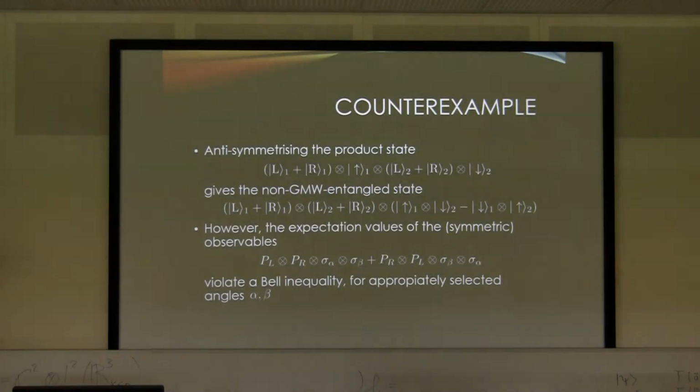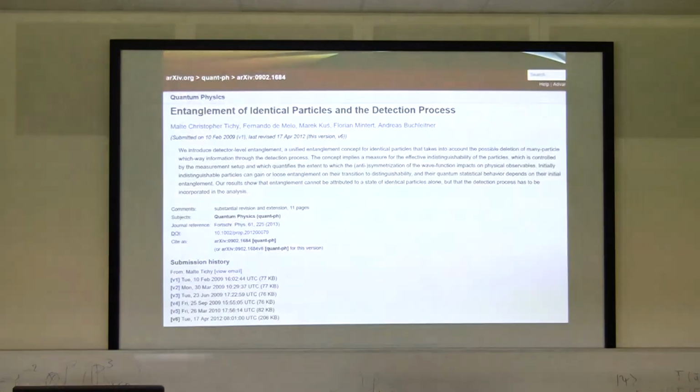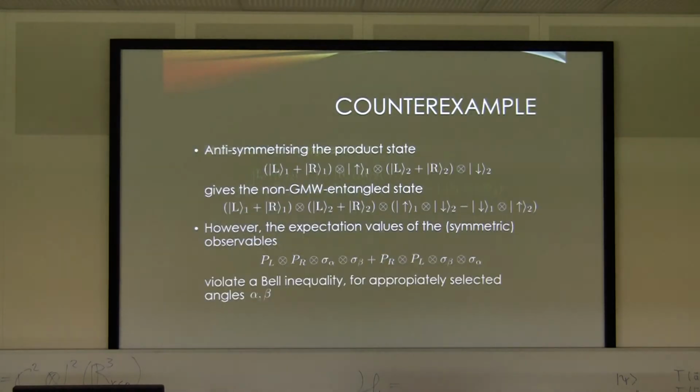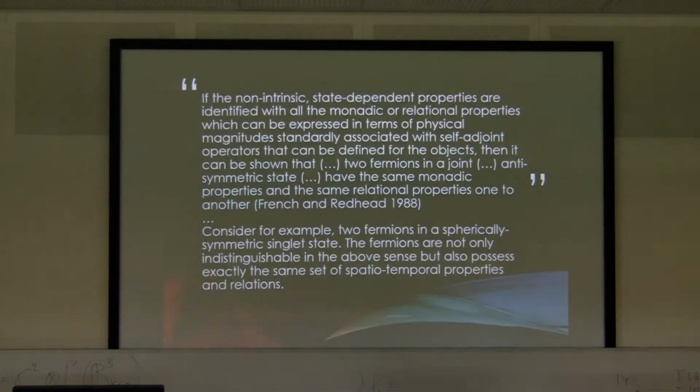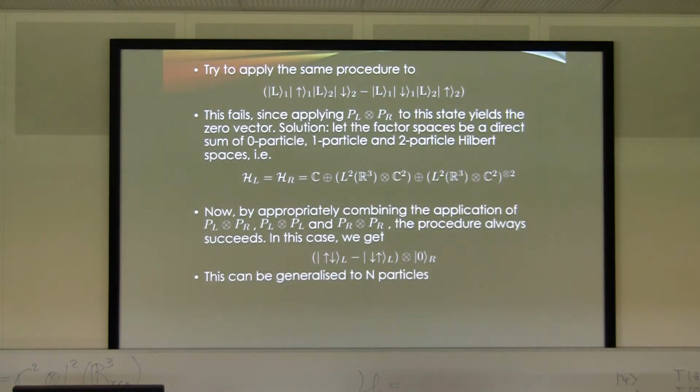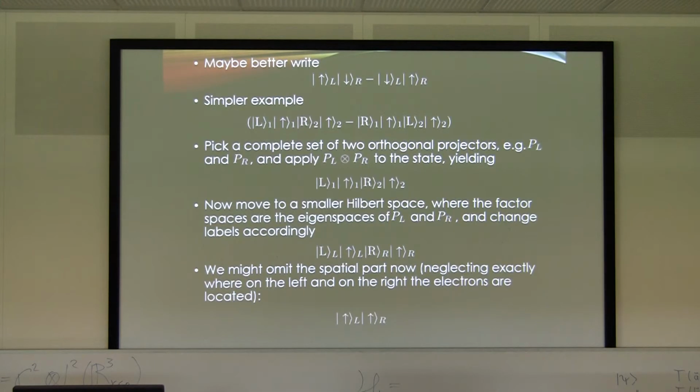Let's look at this state. If you follow some quantum mechanics text, you might be inclined to say that this is an entangled state because it's not a product state.